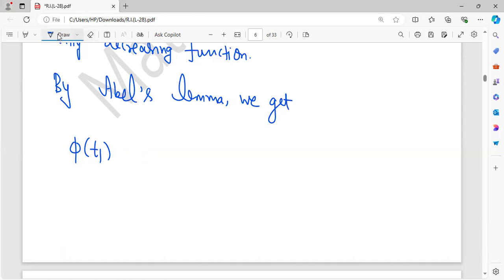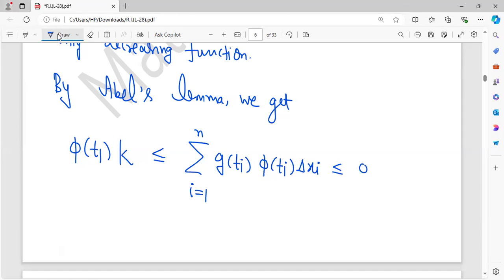What was small k? Small k is less than or equal to the summation, i goes from 1 to n, of g(t_i) phi(t_i) delta x_i, which is at most phi(t_1) times capital K. Putting the value again, what is t_1? t_1 is a.